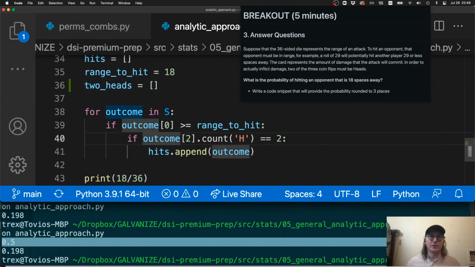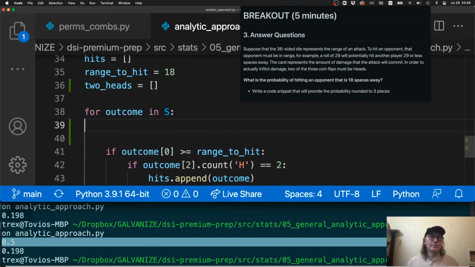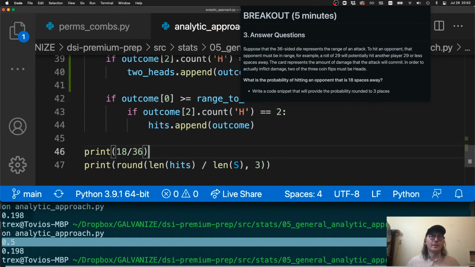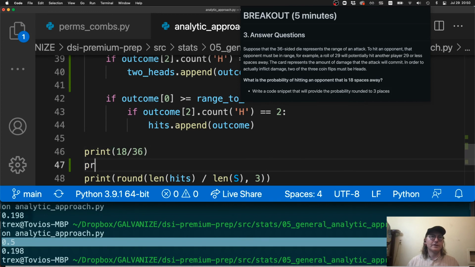And we'll also collect this. I'll say 2 heads dot append that outcome. And let's print 2 heads divided by the length of S, and we'll round that, again 3 places.